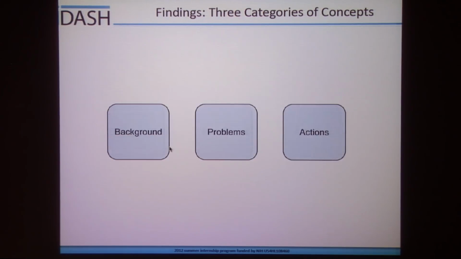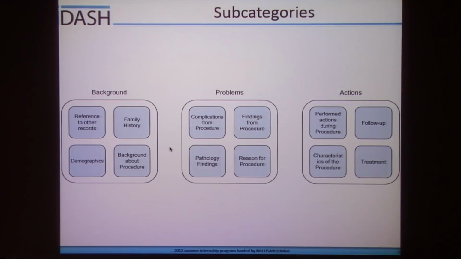And what we found from these studies is that users tend to organize these concepts under three broad categories, which are background, problems, and actions. And if we zoom in further, you'll see the more specific concept categories that are associated with these containers. And although these concepts might differ depending on the use case and the wordings can be different, we believe these containers are sufficient for capturing the essence of most medical concepts.